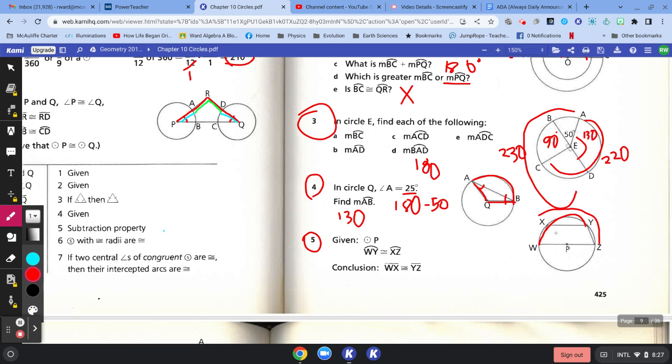Well, if these two arcs are congruent, one thing we know is that WPZ, WZ is a diameter, because it goes through the center. So that means that arc WXZ is 180 degrees.